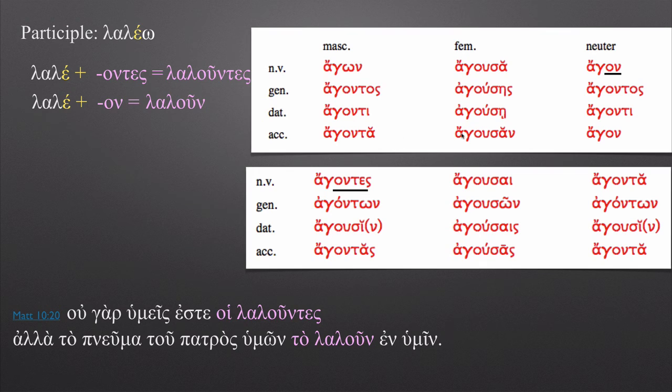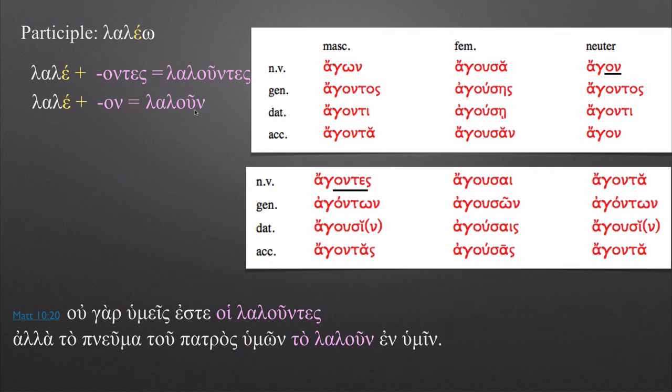If we wanted to add the masculine plural, lale plus ontes, here's our ontes ending. Epsilon and omicron combine to give us ou, lalountes. And if we wanted to make a neuter singular, we had some neuter things speaking, then we take lale plus on, and the epsilon and the omicron follow the same rules, laloun.